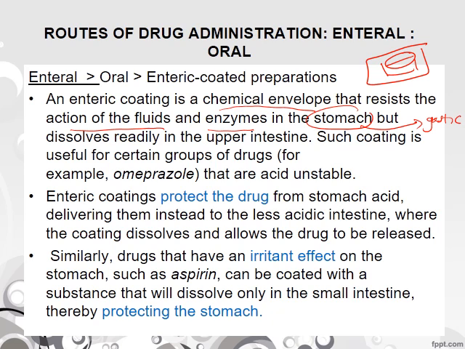But they can dissolve very easily when they reach a higher pH. Such coating is very useful for drugs that are acid unstable, for example omeprazole. Enteric coating protects the drug from stomach acid and delivers it instead to the less acidic intestine, where the coating material dissolves and allows the drug to be released.